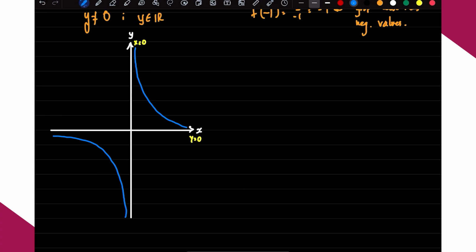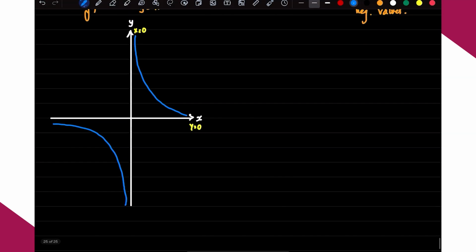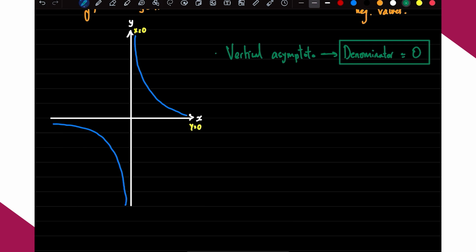So with that being said, what is the function showing me? The vertical asymptote can be found by setting the denominator equal to 0. This is the formula for finding it.